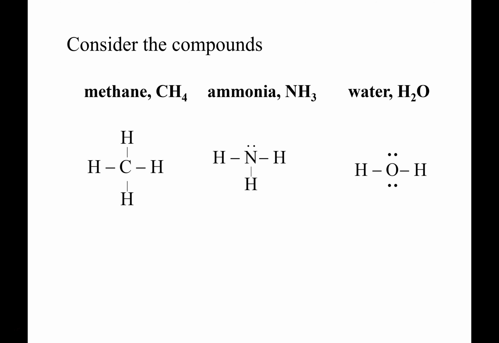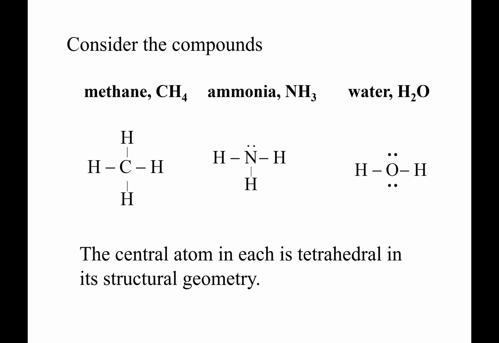So if we look at all 4 of these compounds, you would tell me that around the carbon atom, I've got 4 sigma bonds. So you're looking at sp3 orbital hybridized tetrahedral. Around the nitrogen atom, I've got 3 sigma bonds, 1 lone pair electron, so I got 4 things. So again, tetrahedral.